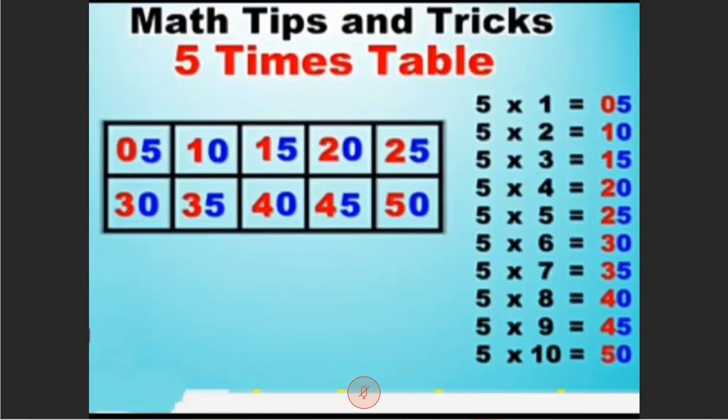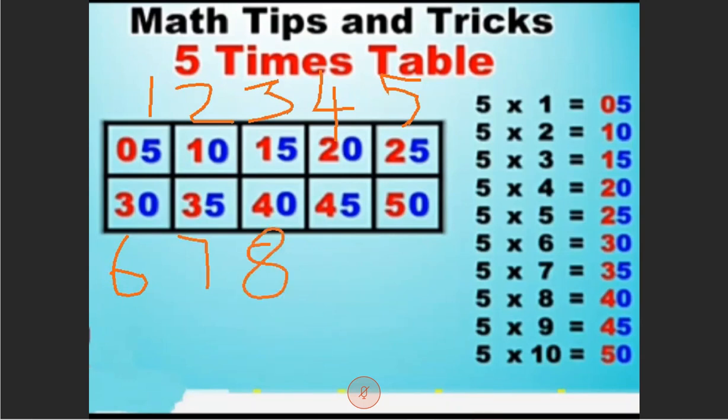Repeat with me the 5 table one more time. 5 1 is 5. 5 2 is 10. 5 3 is 15. 5 4 is 20. 5 5 is 25. 5 6 is 30. 5 7 is 35. 5 8 is 40. 5 nines are 45. 5 tens are 50. Wow.